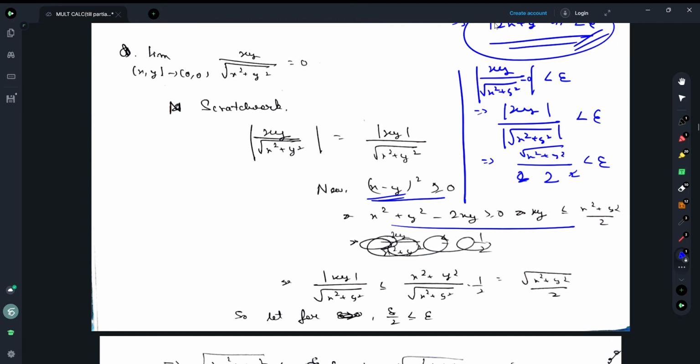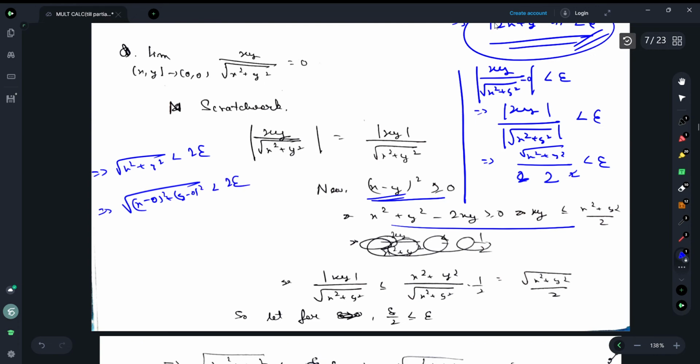That implies root over of x square plus y square is less than 2 epsilon, or root over of x minus 0 whole square plus y minus 0 whole square is less than 2 epsilon. Here we are taking the first statement into account. Now let delta equal 2 epsilon for all epsilon greater than 0.